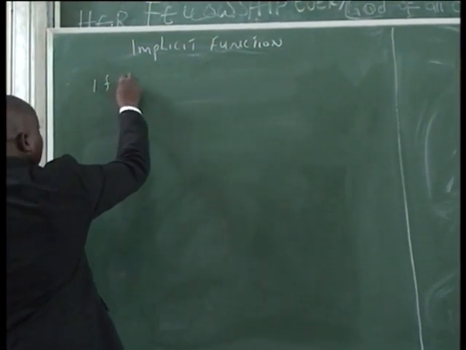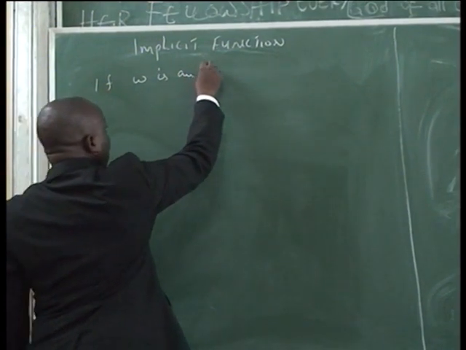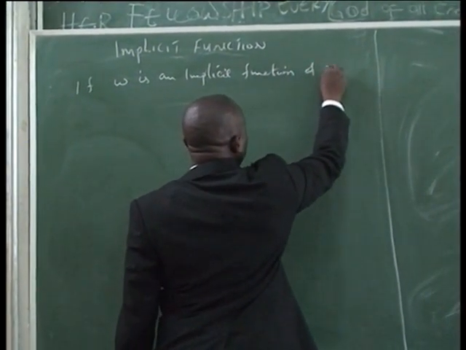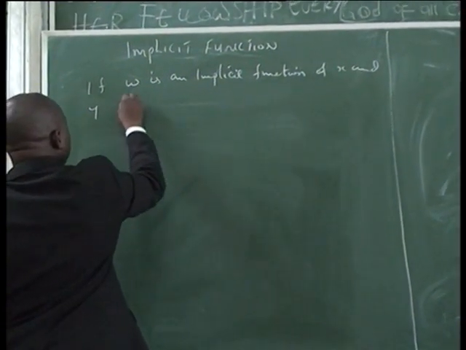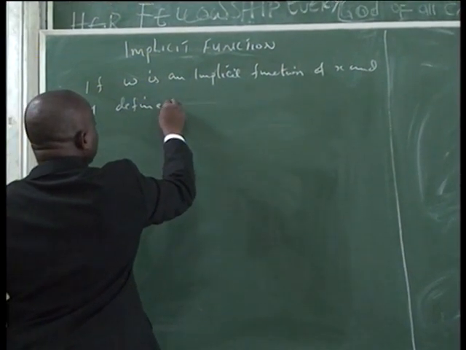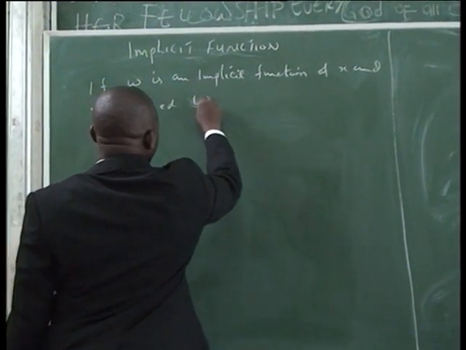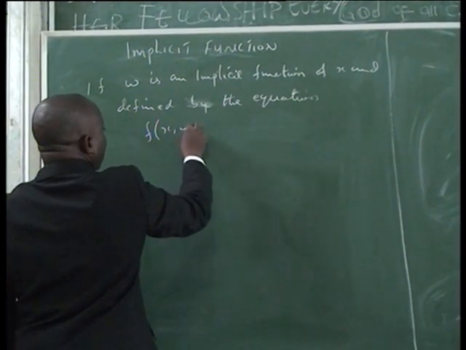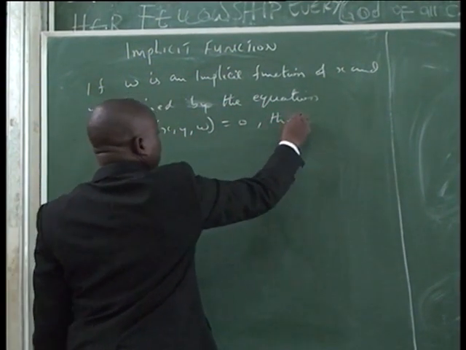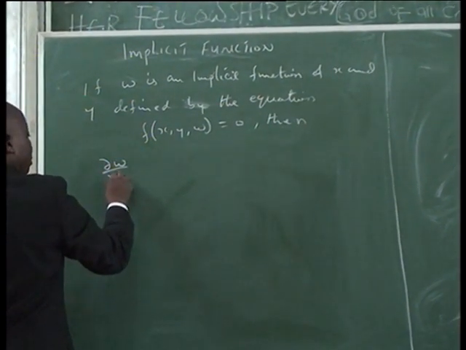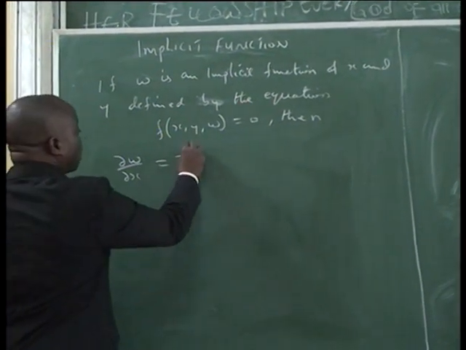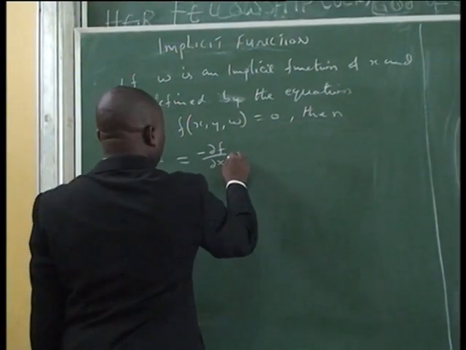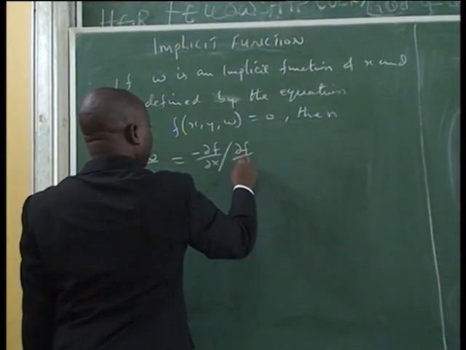Now, if w is an implicit function of x and y defined by the equation f of x, y, w equals 0, then partial w, partial x will be equal to minus partial f, partial x divided by partial f, partial w.